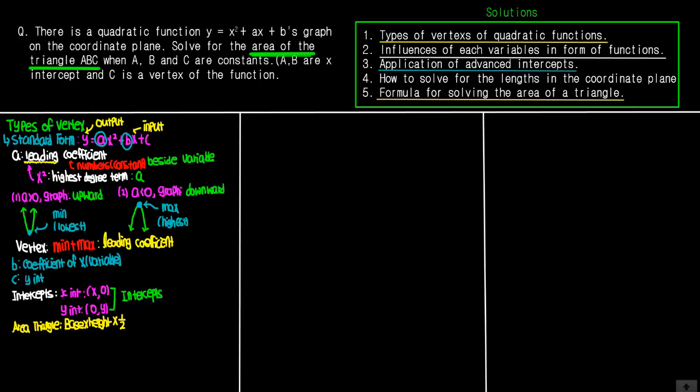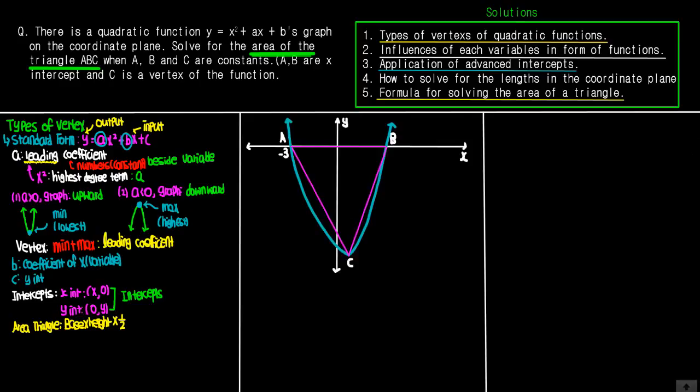So there is a picture for this question, where there is a y-axis and x-axis and the quadratic function intersects with our triangle A, B, and C. And they gave us A, B, and C, where A, B, and C are constants. And the things that we solve here will be the solutions for approaching these questions.